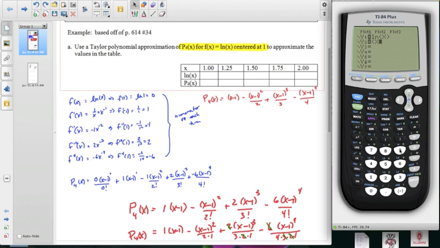So we have x minus 1, minus x minus 1 squared divided by 2, plus the quantity x minus 1 cubed divided by 3, minus quantity x minus 1 to the 4th divided by 4.